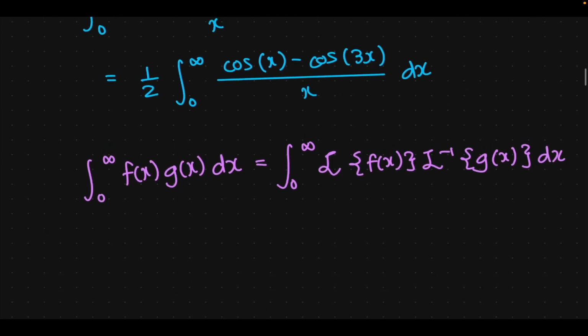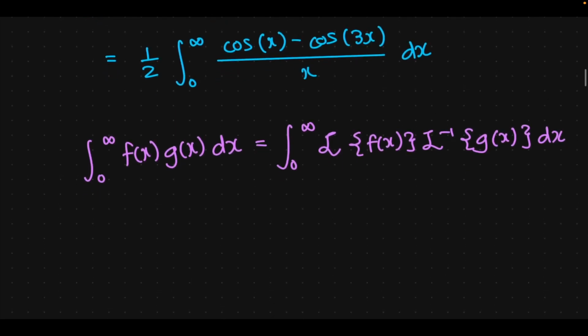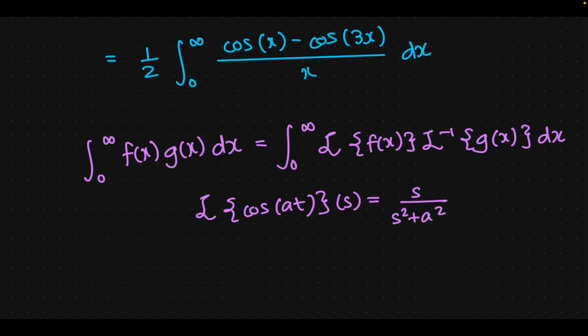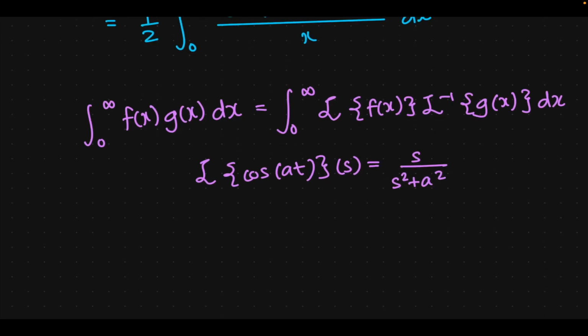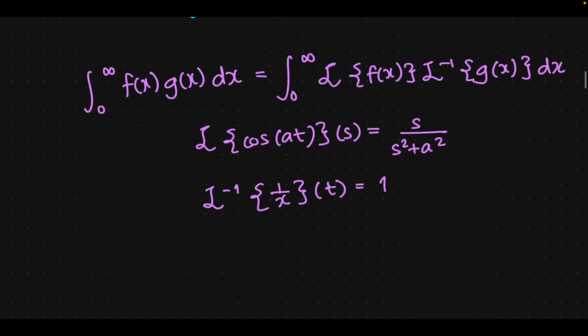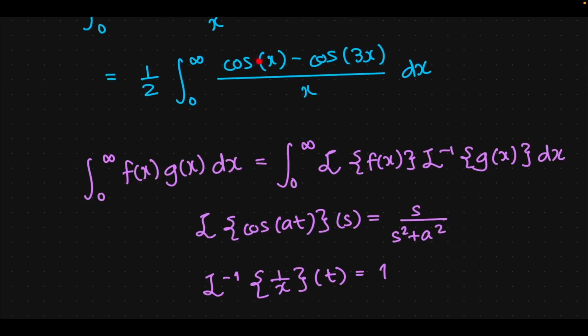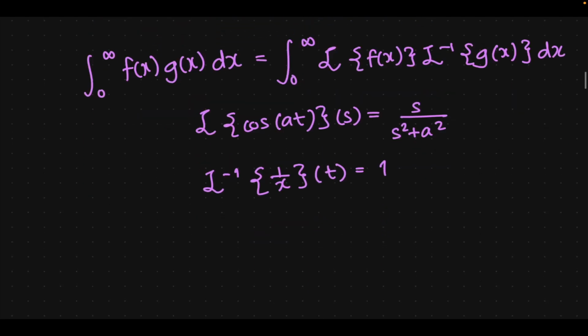This is a very, very powerful property, and I haven't used it in a while, but I'm going to use it because notice the Laplace transform of cosine of at as a function of s is s over s squared plus a squared, and the inverse Laplace of 1 over x as a function of, I don't know, t or something, doesn't matter, is just 1. So I'm going to use that on the two integrals I have here. One integral, which is this, and then minus the other integral. So I'm going to use it twice on two integrals.